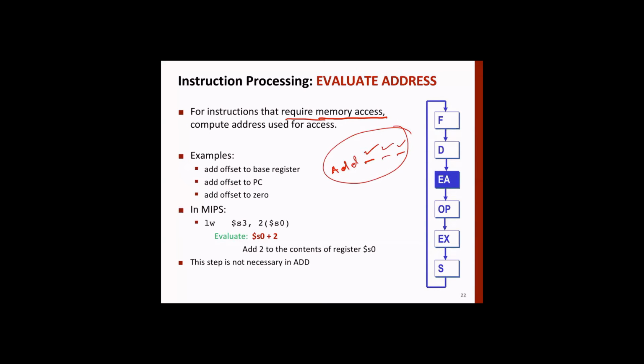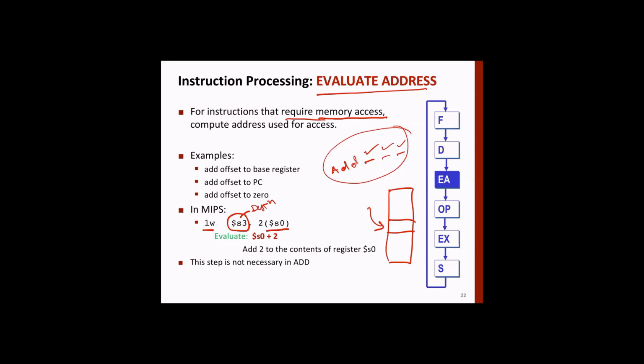This step is required only for load and store, and we have to evaluate the address of the memory location where the data is to be fetched. For example, there is data here, and we have to calculate its address. The instruction says load into a register, some register number, which is the destination register, something that is at the address given by this register.